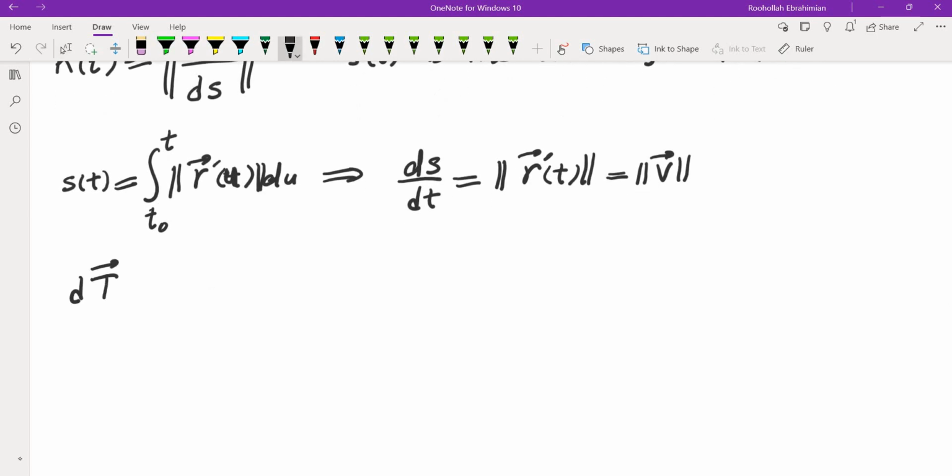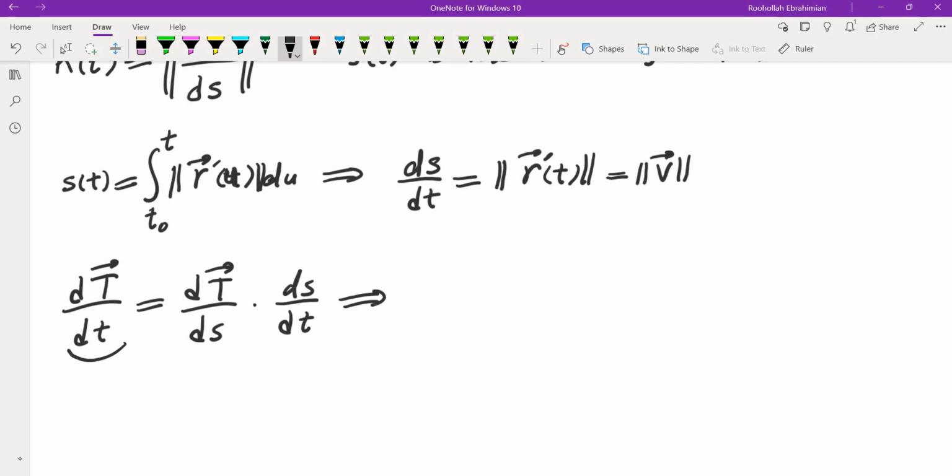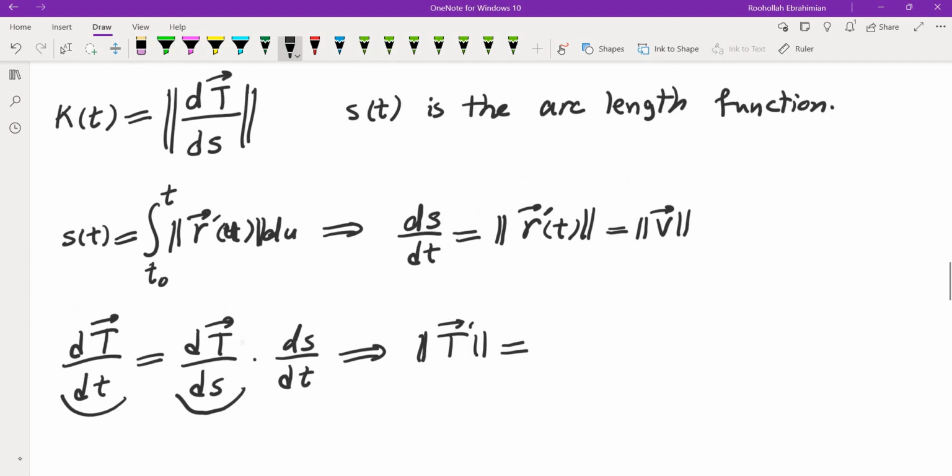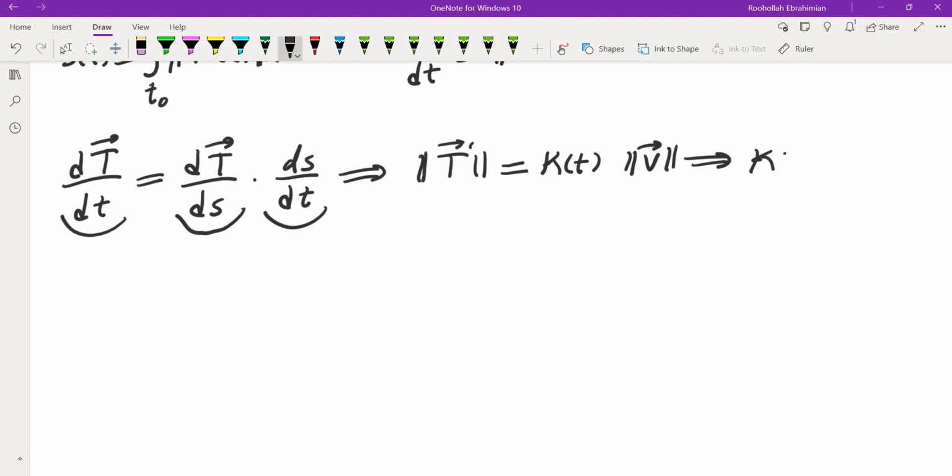If you look at dT dt, by the chain rule this is dT ds times ds dt. Let's take the magnitude. The left side is just the magnitude of T prime, equals this guy. When you take the magnitude of this, it's exactly kappa of t. And this guy is exactly what we found up here, which is the magnitude of v. So that tells us kappa is equal to the magnitude of T prime divided by the magnitude of velocity, which is the speed.